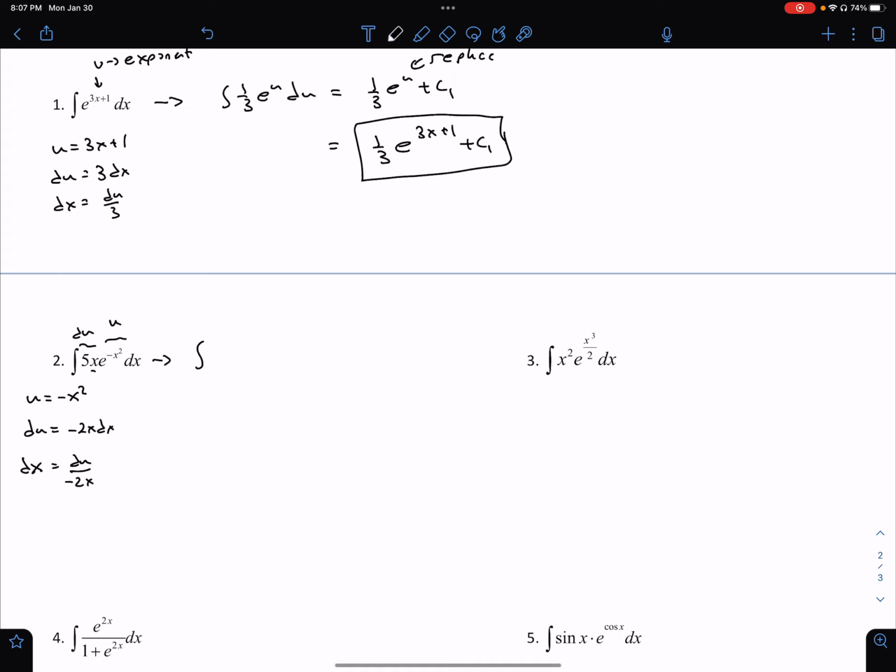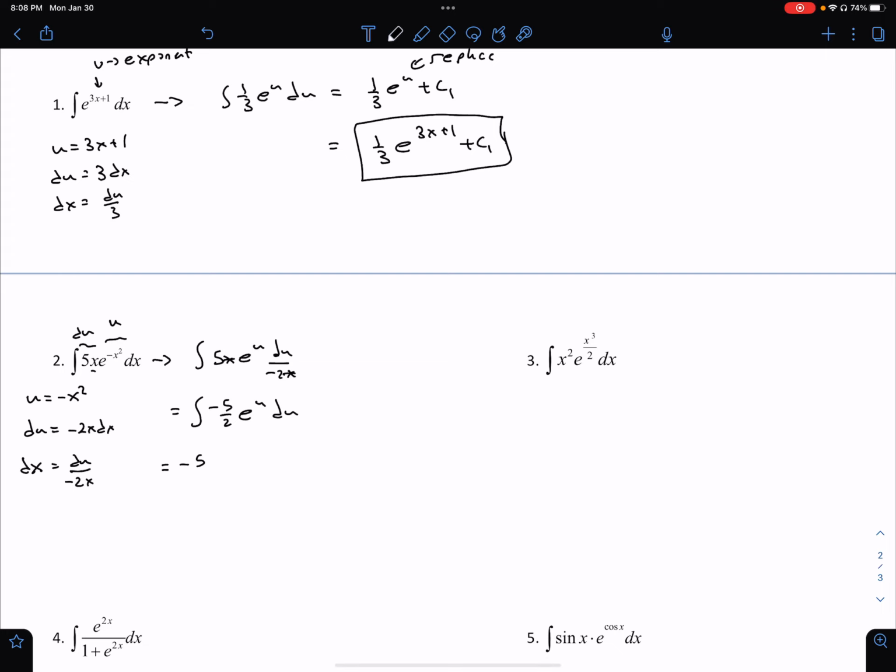If we rewrite this, we get 5x e to the u du over negative 2x. There they are. Those x's cancel. And if I rewrite out my constants, I got this negative 5 over 2 e to the u du. Make your work look nice and neat and organized.